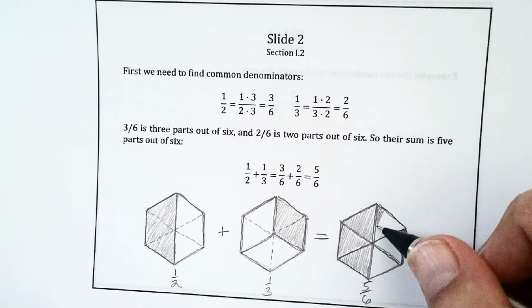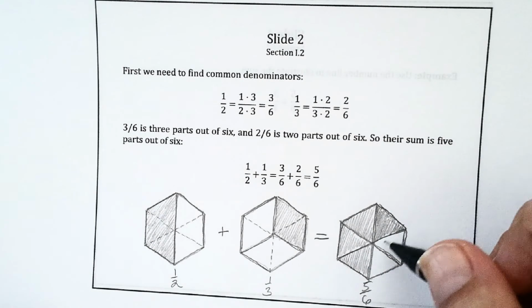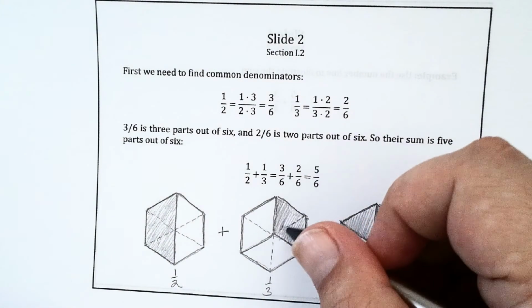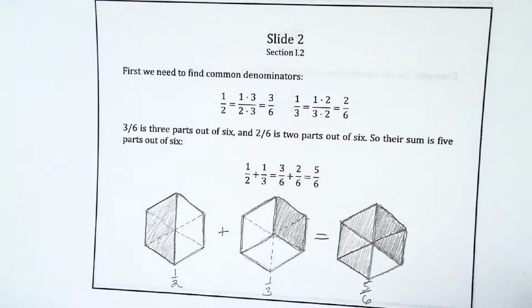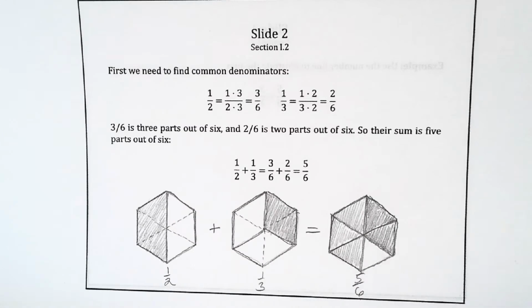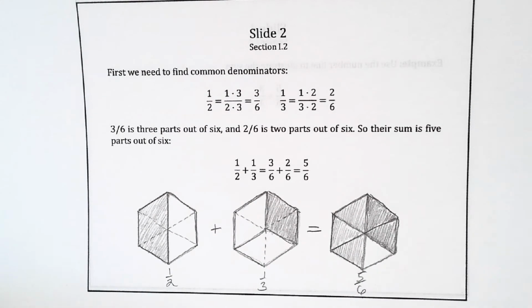I'll shade these darker to kind of distinguish them. Okay, so, hopefully this makes it clear why 2/5 just doesn't make sense as an answer.